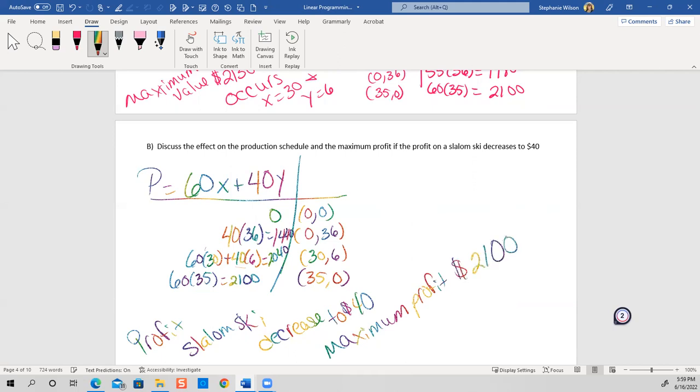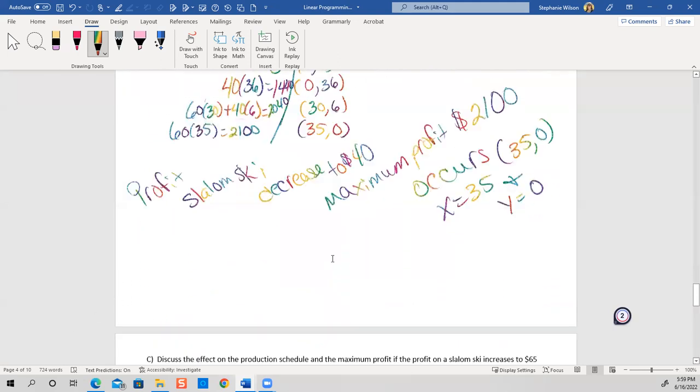And this occurs at (35, 0), when x equals 35 and y equals 0.